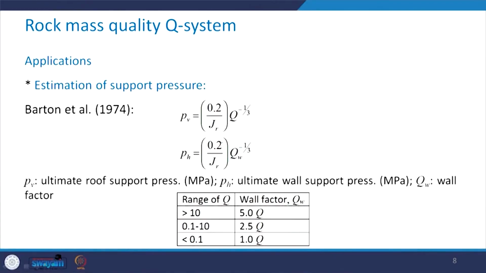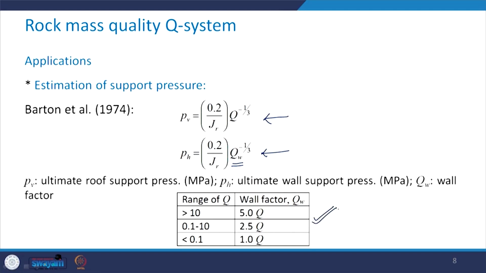So, the vertical roof pressure is given by this expression, and the ultimate wall support pressure is given by this expression PH, and you can see that here a term wall factor comes into the picture. So, depending upon the range of Q, you can assign the value of the wall factor as per this table.